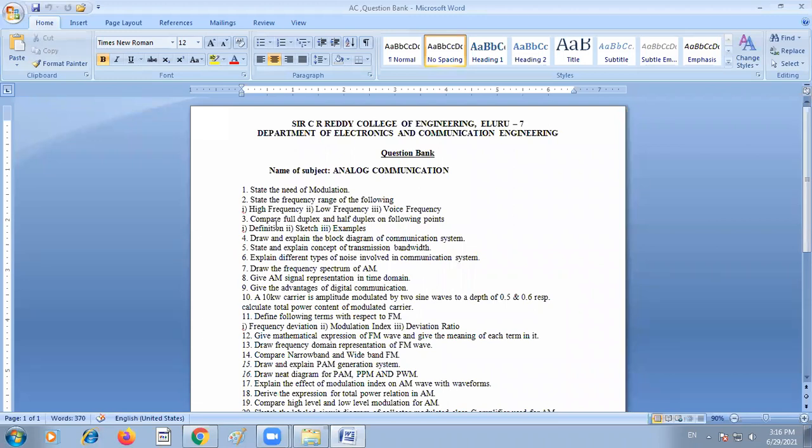That is the direction capability in the communication. You have to define them with a sketch and example; see any material.